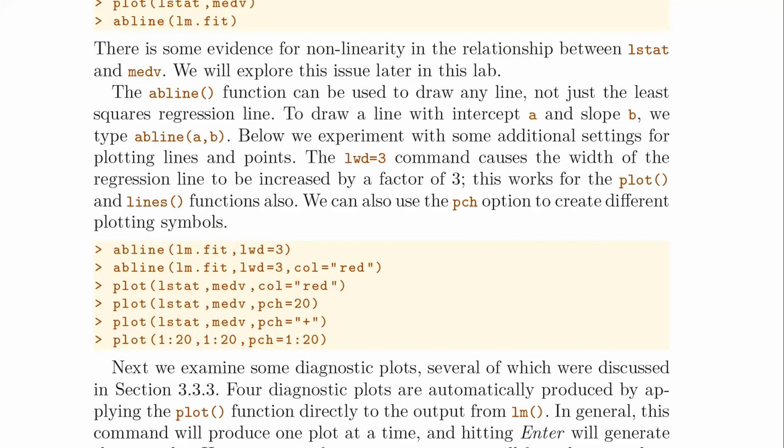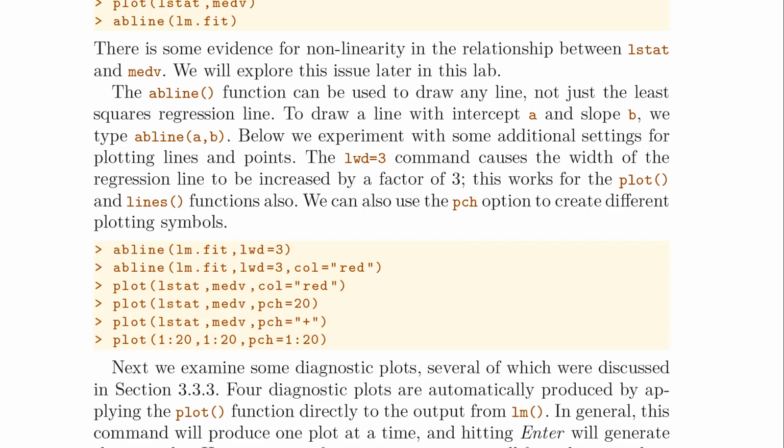The abline function can be used to draw any line, not just the least squares regression line. To draw a line with intercept a and slope b, we type abline(a, b). Below, we experiment with some additional settings for plotting lines and points. The lwd=3 command causes the width of the regression line to be increased by a factor of 3.